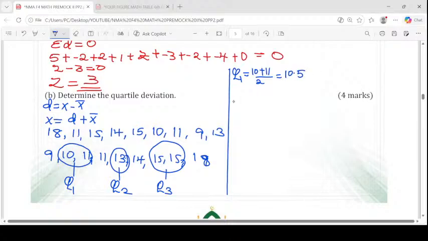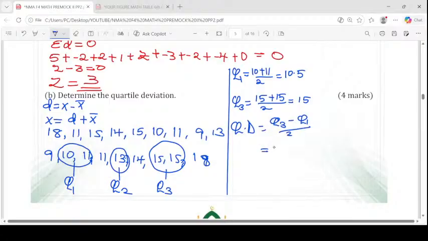Then our Q3 will be given by 15 plus 15 divided by 2, which is 15. Now how do you get the quartile deviation? It is very important for you to know the formula. Quartile deviation is given by Q3 minus Q1 divided by 2.